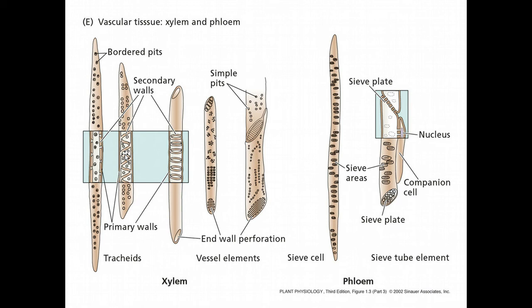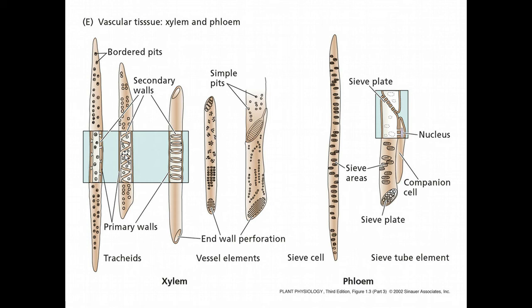Now on the right we have a sieve element and a companion cell, and that's phloem. And I've got a diagram of these two later, or a picture that's a little bit better. What does phloem do? Sugars, organic compounds, up and down. Okay? And what's really interesting is that these tissues, these sieve cells, and these sieve tube elements are live.